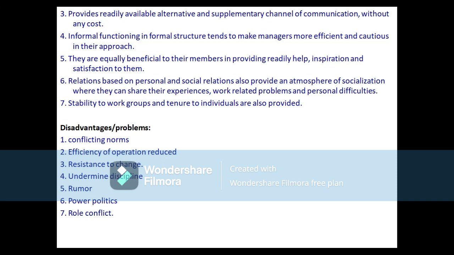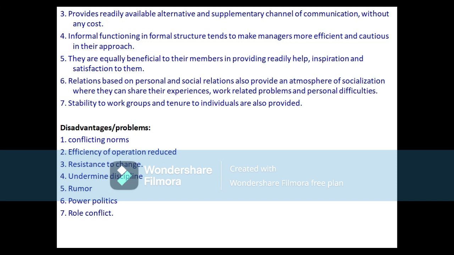Another one is rumor. We know that in informal communication, we will see the grapevine. Grapevine means carrying false information from the members of the group or any individual. We may or may not know the definite person who has passed that false information, but definitely a rumor will be created, a false piece of information which is detrimental to the smooth functioning of the organization.